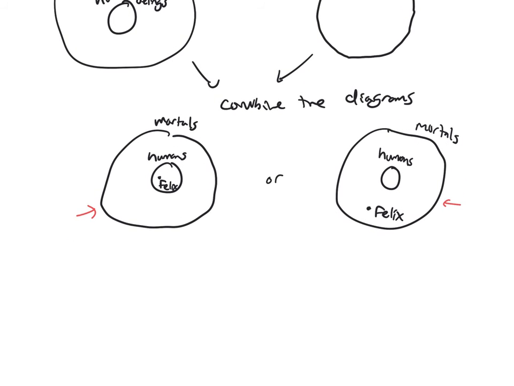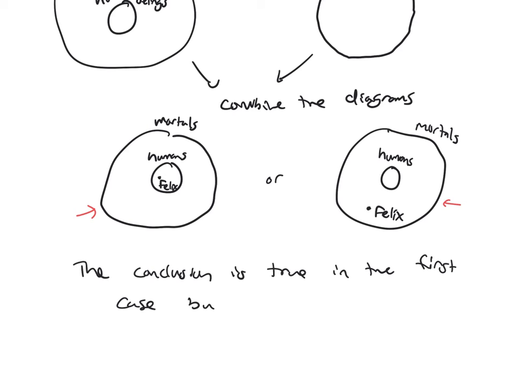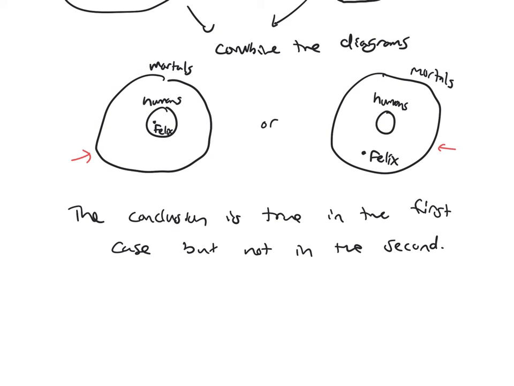So the conclusion is true in the first case, but not in the second. So because it's not true in that second picture, that means that the argument is invalid.